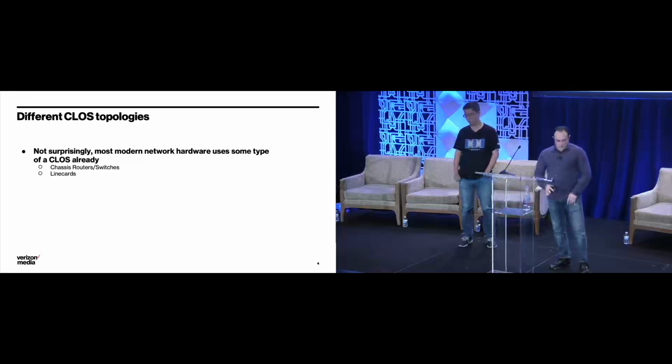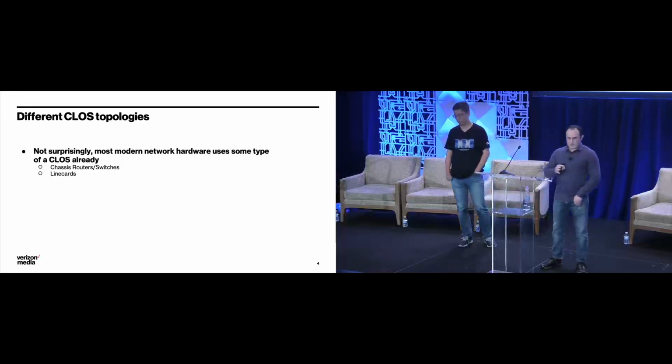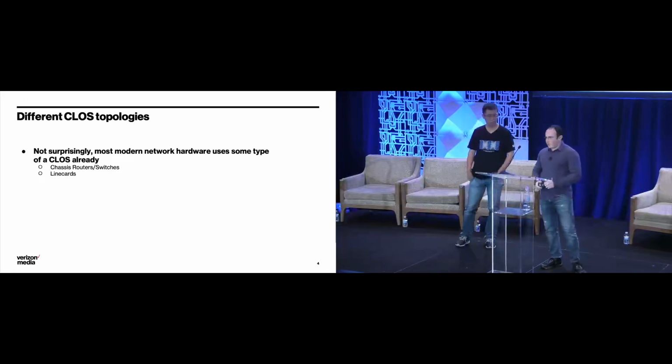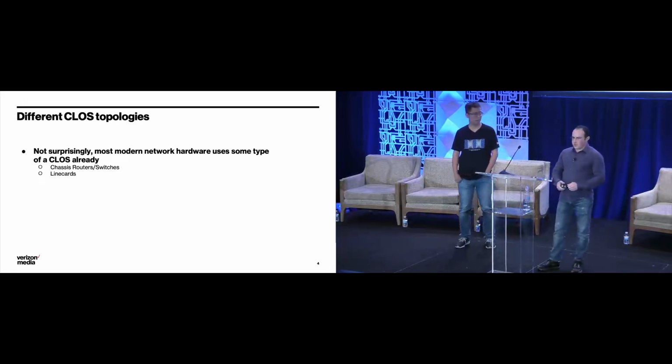Now, not surprisingly, people have been using Clos topologies for many, many years, starting with Bell switches, like actual plain old telephone switches. And most routers and switches these days are actually small Clos topologies in themselves. About 20 years ago, people were still making switches using crossbar fabrics that fully interconnect every line card to each other.